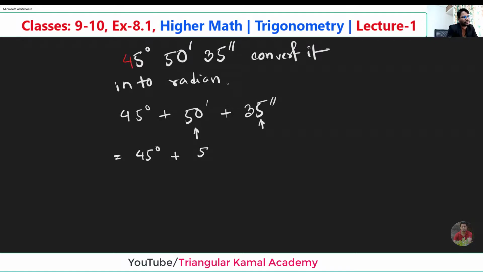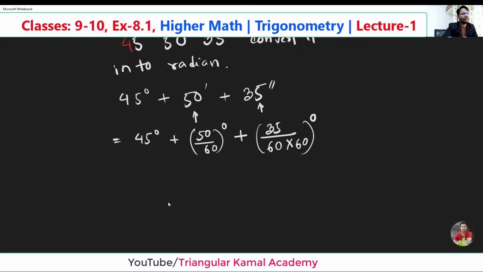That's why we have to divide by 60. Now it's converted into degrees. And here 35 seconds we have to divide by 60 to get minutes, then minutes divided by 60, and finally it is in degrees. So for minutes we divide by 60, and for seconds we divide by 60 multiplied by 60.